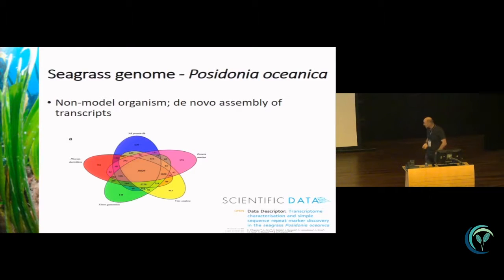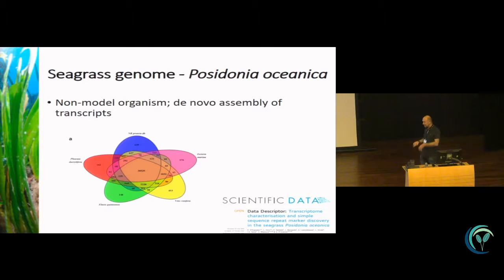We also had Posidonia oceanica. So this is Gabriele Procaccini released this one, and this is another, an EST-based de novo assembly, and what everyone does when you release a genome, you compare it to a whole bunch of lab rats.